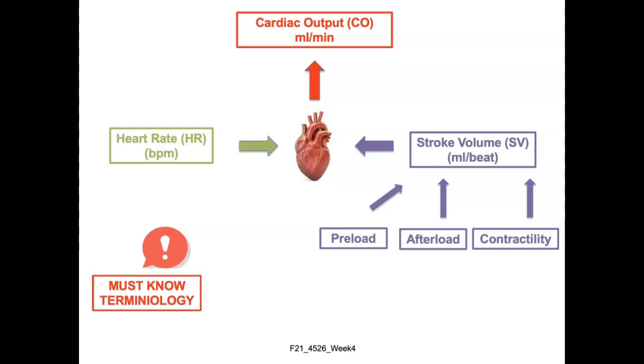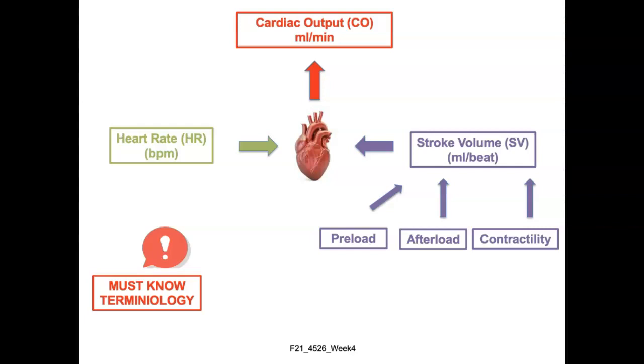So end of diastole is the filling part of the left ventricle. And so a lot of analogies think about it as a balloon. And so think of it as the heart loading up for the next big squeeze of the ventricles during systole. And so if you think of the analogy of the balloon, blow air into the balloon. As it stretches, the more air you blow in, the greater the stretch, and then the greater the contraction.